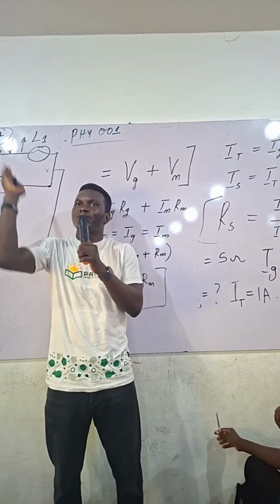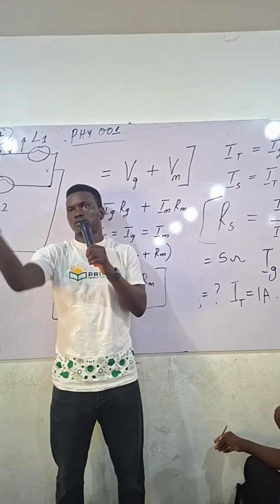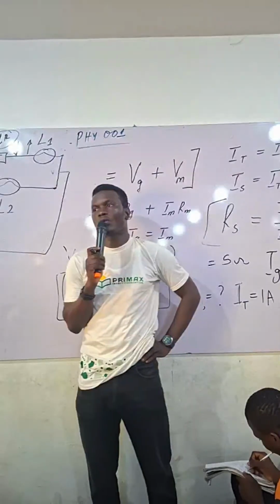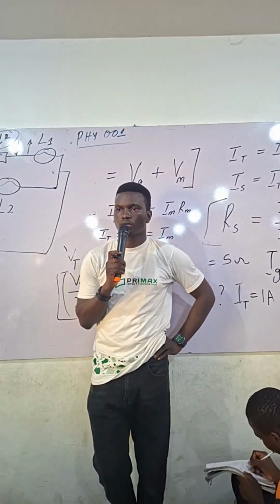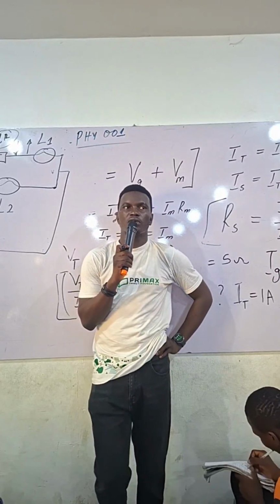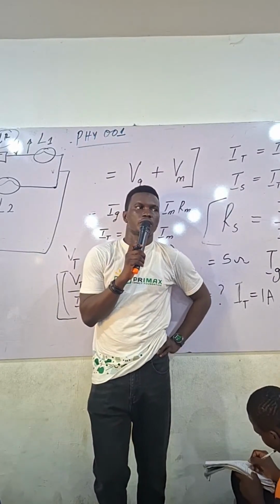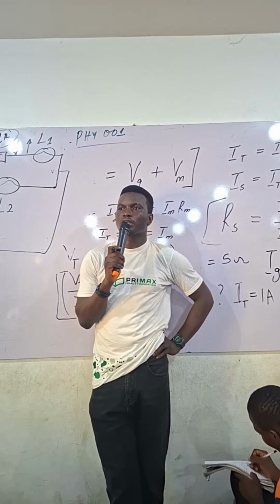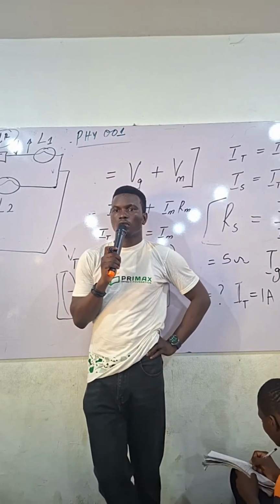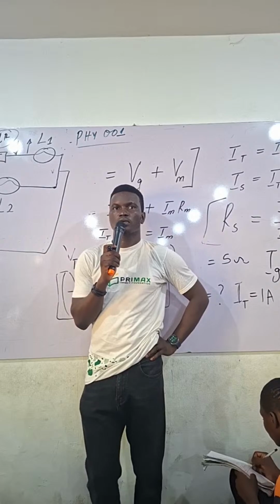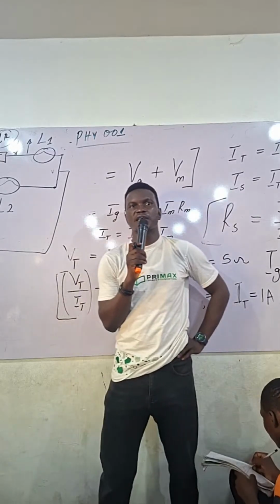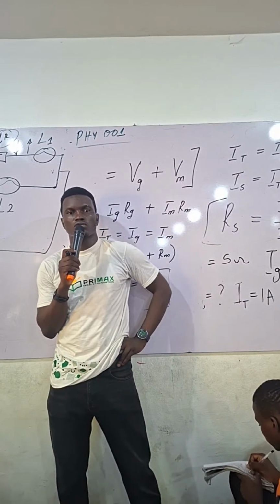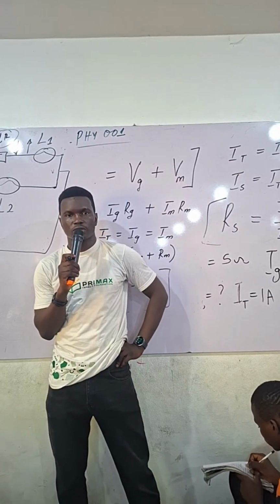The power of a cell: the rate at which the power of a cell is converted to external use.